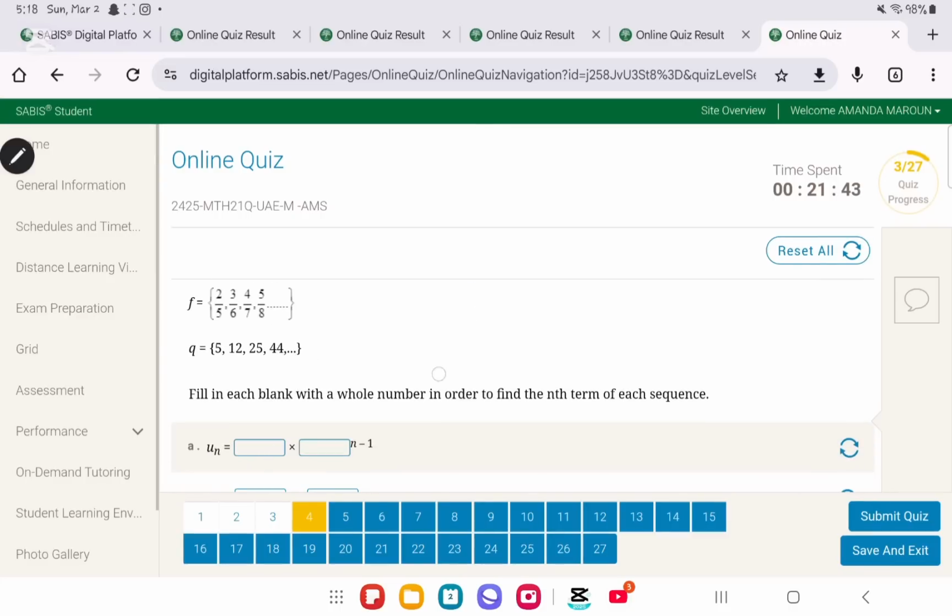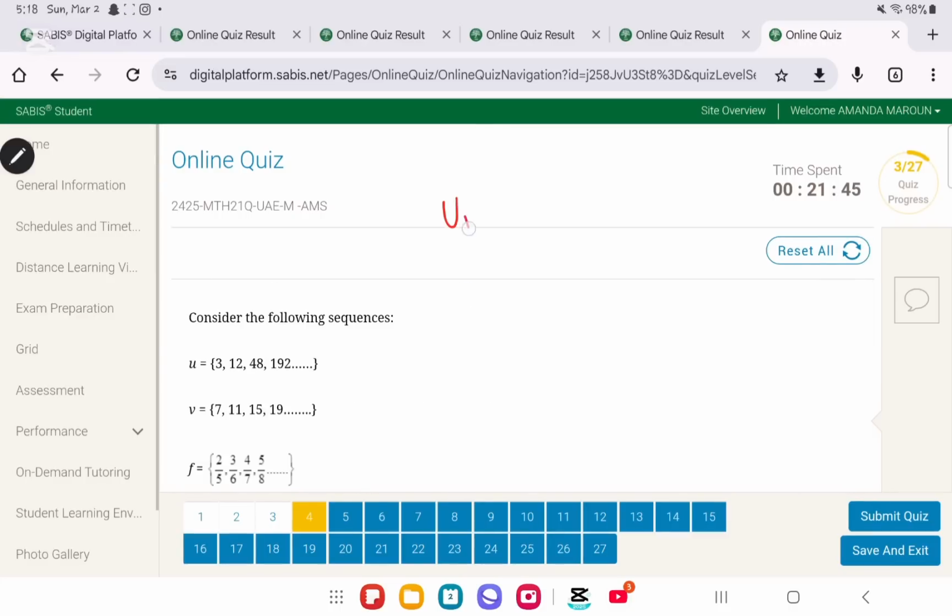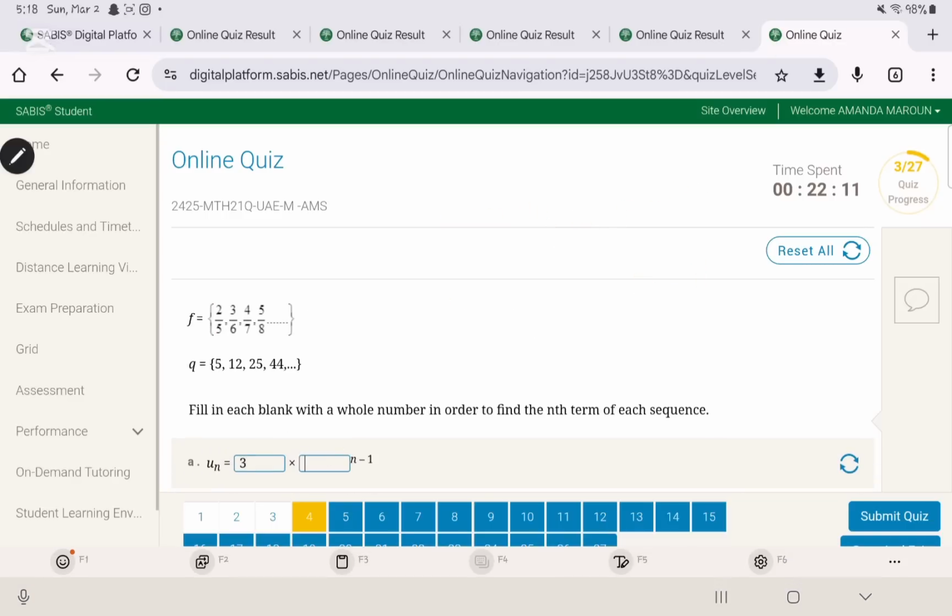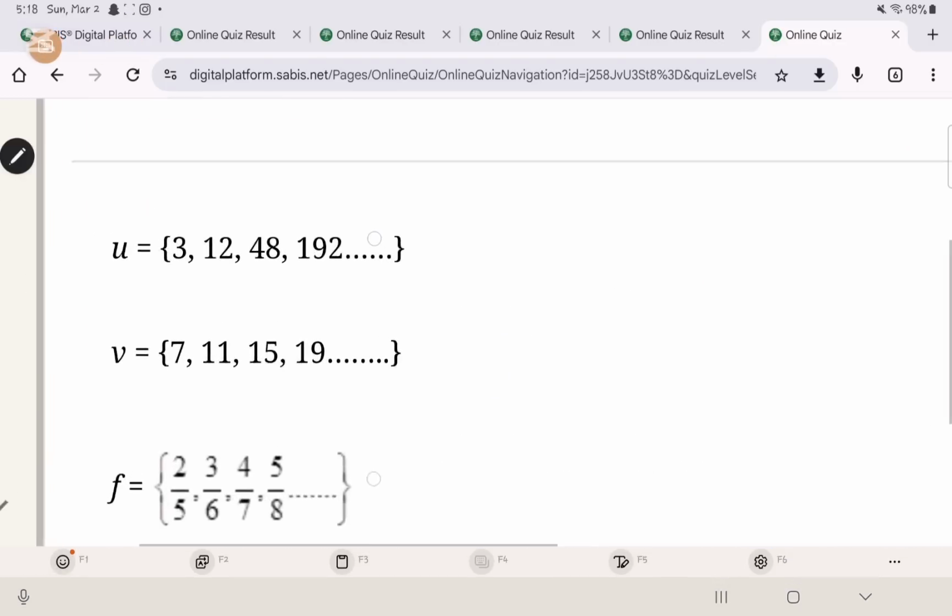So un, remember always, for a geometric sequence, un is equal to u1 times the ratio to the power of n minus 1. So u1 is 3, the ratio is 4, n minus 1, un, very simply. So 3 and 4. We move on to part V.